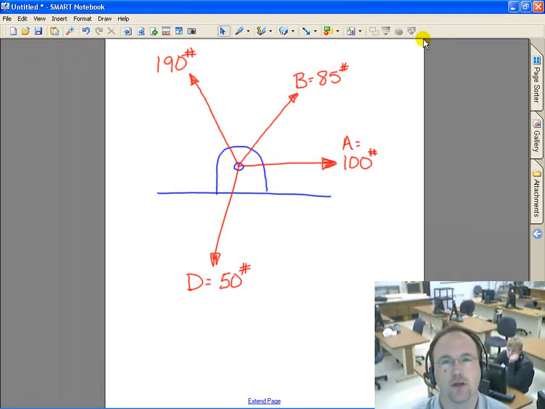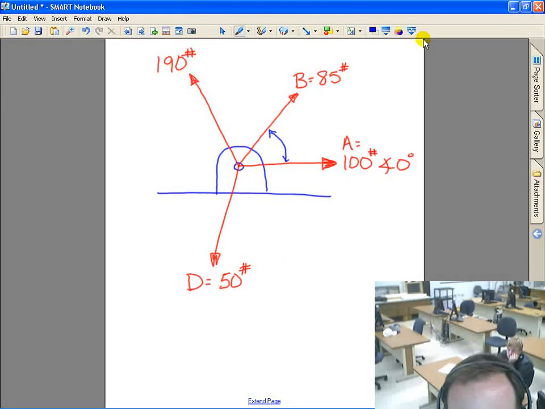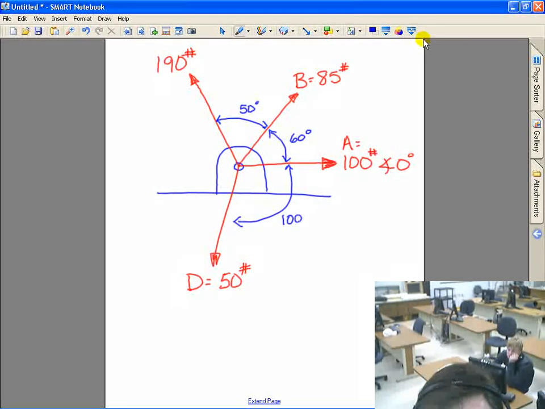But we also know that forces have both a magnitude and a direction. So if we assume that this is in 0 direction, meaning that it's at an angle of 0 degrees, and we'll say that this angle right here is 60 degrees, this angle right here is 50 degrees, and this angle right here is 100 degrees. What are the angles?